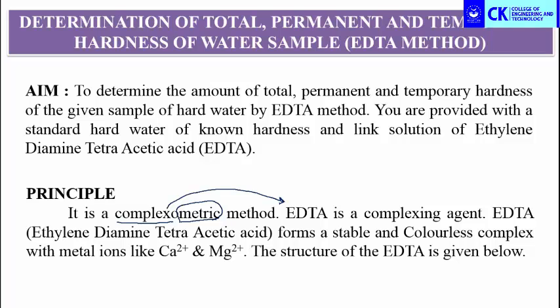Here EDTA is a complexing agent, which forms a stable and colorless complex with the hardness causing metal ions like calcium 2+ and magnesium 2+. So these are the two metal ions which are responsible for the hardness of water. So we are going to make the complex of calcium and magnesium with EDTA so that we are able to determine the amount of hardness from this water.